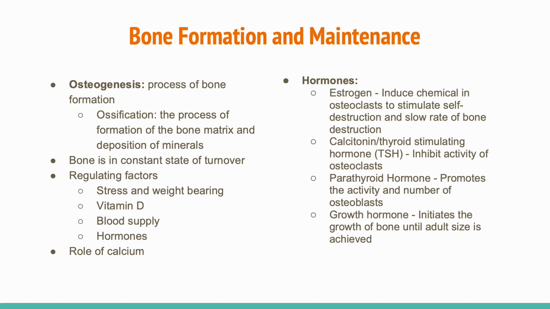Calcitonin decreases osteoclast activity as well, helping preserve bone mass. Parathyroid hormone increases blood calcium by stimulating osteoclast-mediated bone resorption. Growth hormone promotes bone growth during childhood and adolescence. So you can see how hormones play such an important role in bone development, maintenance, and prevention of osteoporosis. Maintaining healthy bone requires all of these systems to work together.